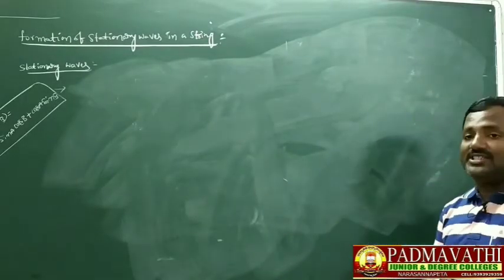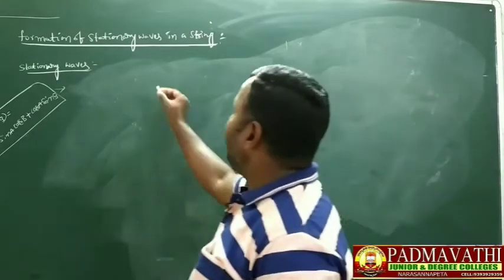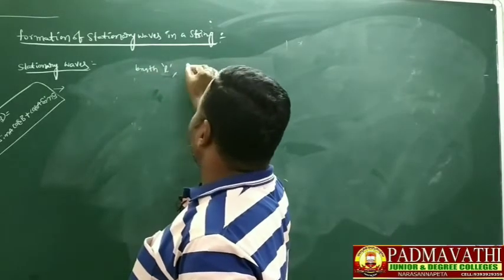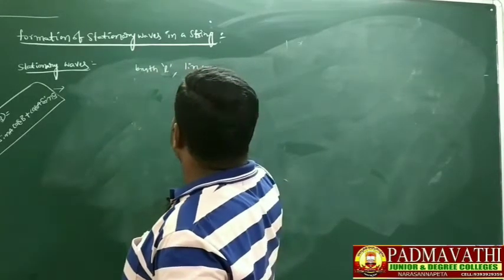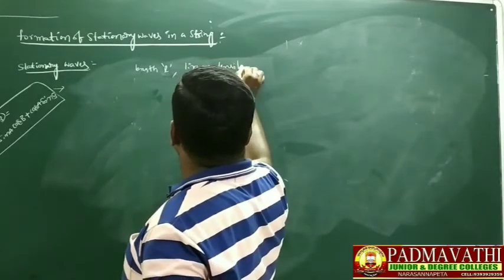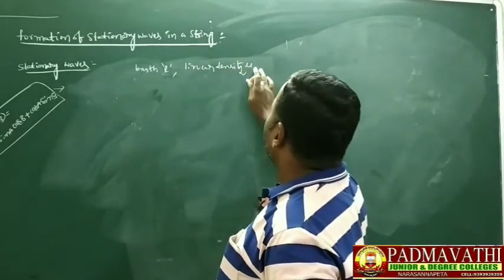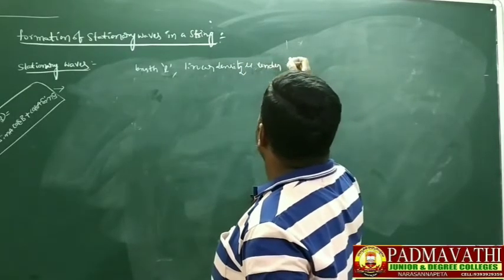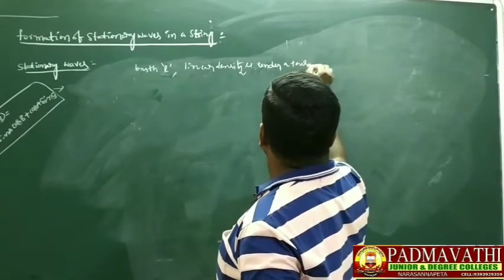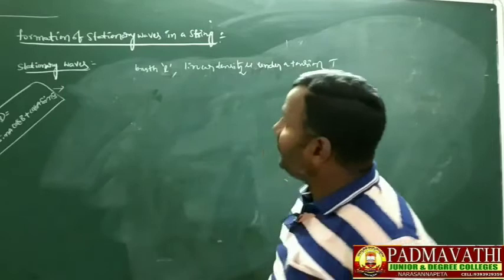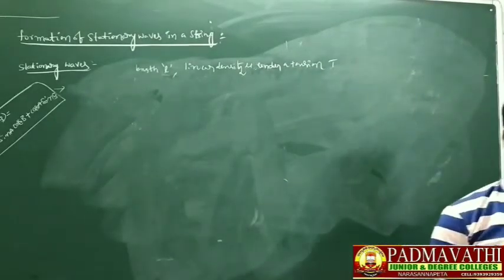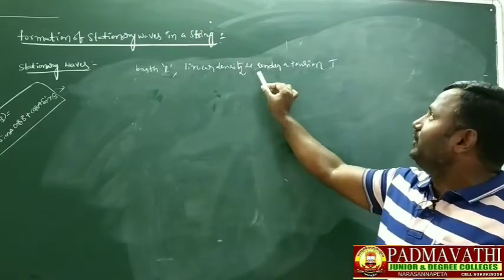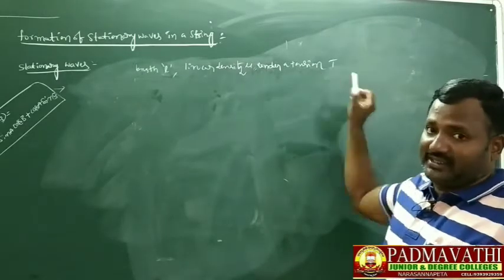Let us consider one of the string, length L and linear density mu under a tension T. The string having length L and linear density mu and under a tension T.